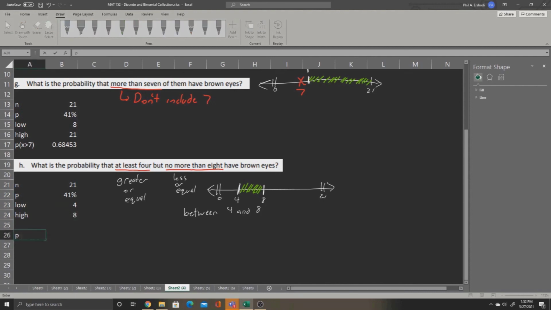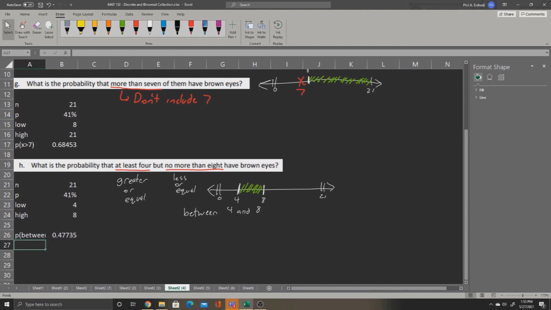So our probability of being between is going to be equals binom.dist.range. We'll click the n, the p, the low, and the high. When we press enter, we'll get 0.47735.